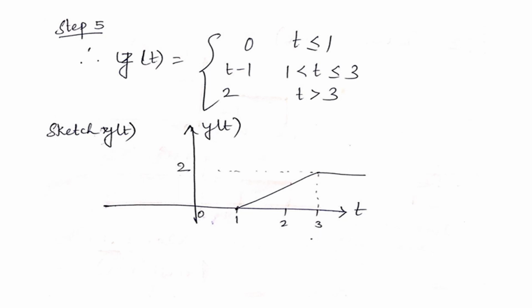So these are the important cases where the product changes and hence y of t changes. This is the first numerical where we have convolved unit step with a rectangular pulse.